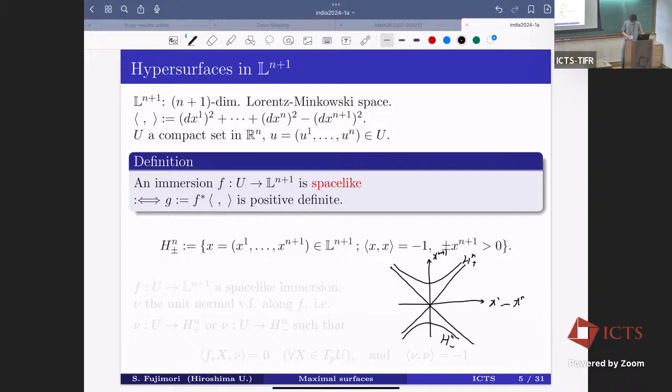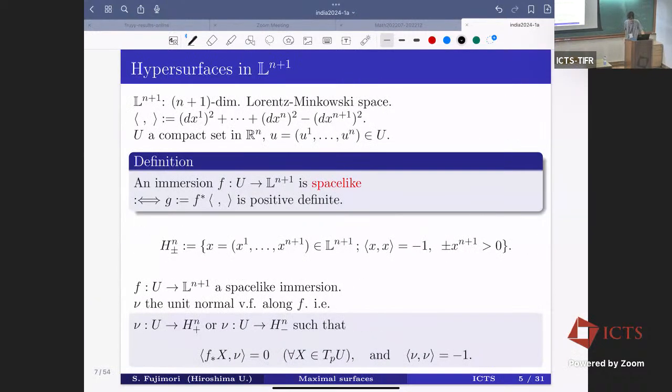If f is a space-like immersion, then we can take the unit normal vector field ν along f. ν points into H^n_+ or H^n_-, and the inner product of ν with any tangent vector of the surface is always 0. Also ν is time-like and unit, so the inner product of ν with ν is minus 1.